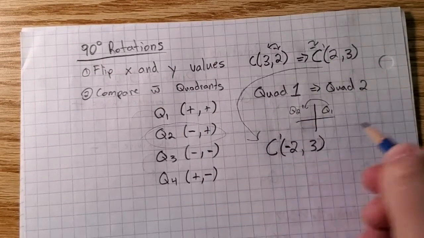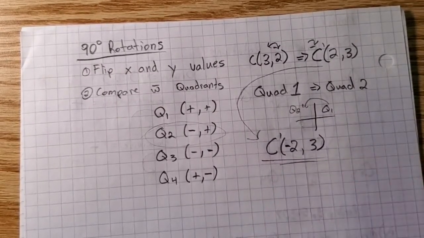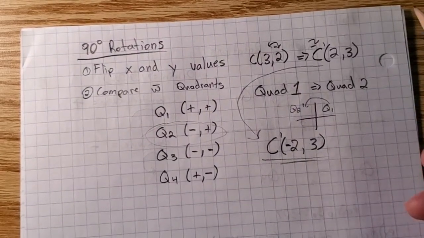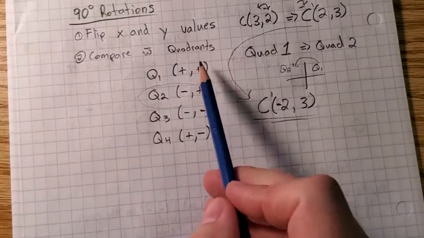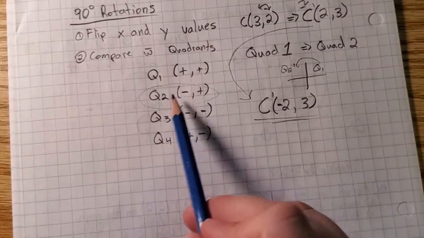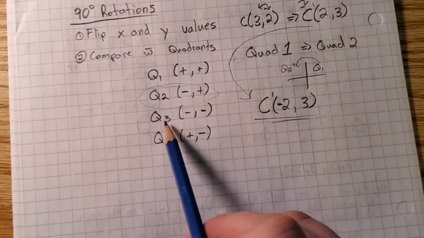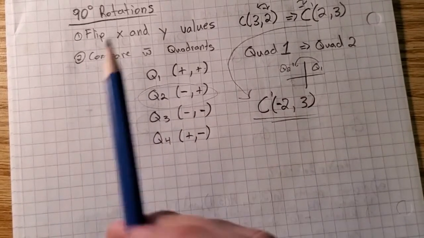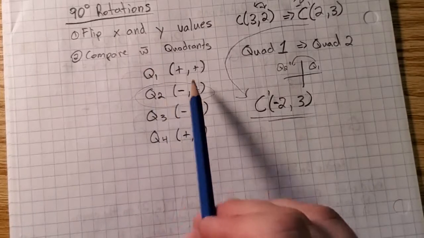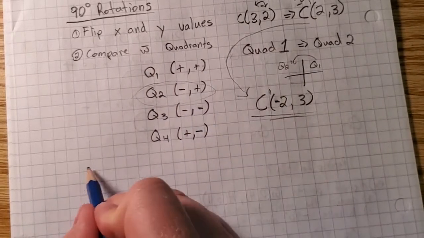So it's -2, 3. And that's what C prime would be when rotating 90 degrees. Remember, quadrant 1 is always positive, positive. Quadrant 2 is always negative, positive. 3 is negative, negative. And 4 is positive, negative. So first flip the values, then compare and put the correct signs.